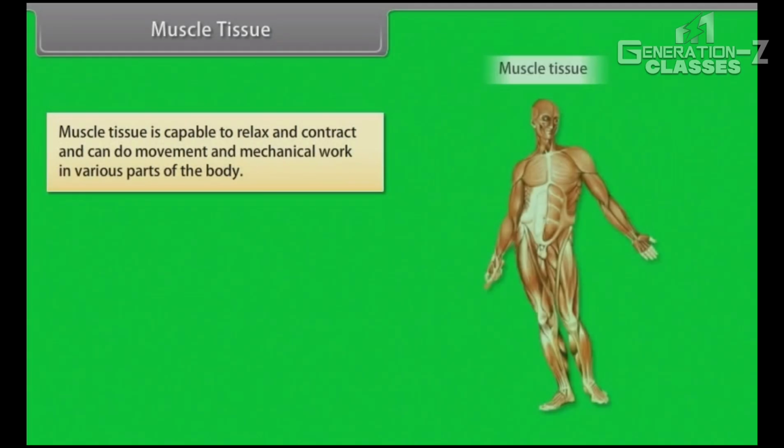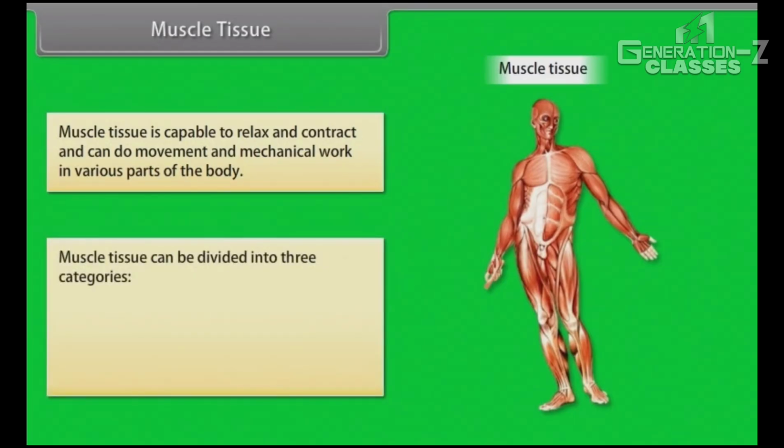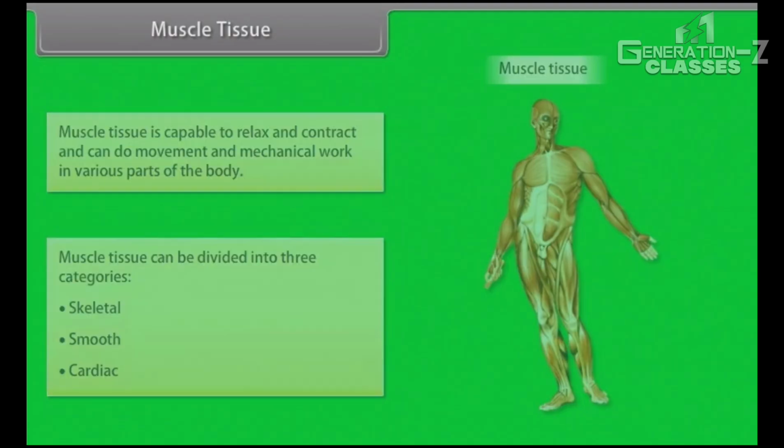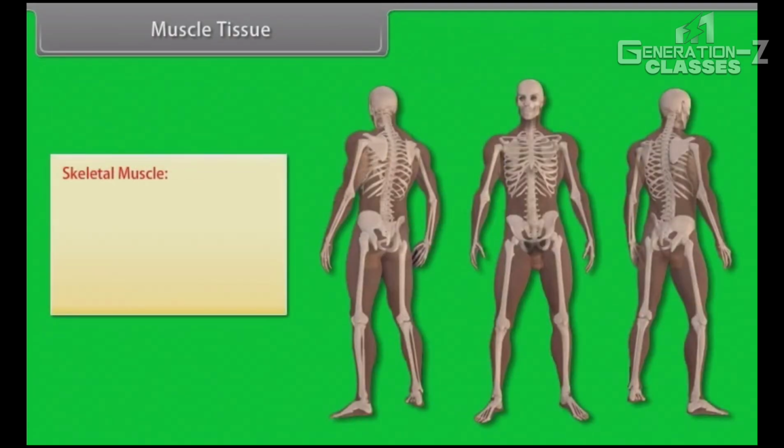Muscle tissue. Muscle tissue is capable of relaxing and contracting and can do movement and mechanical work in various parts of the body. Muscle tissue can be divided into 3 categories: skeletal, smooth, and cardiac. Skeletal muscle.